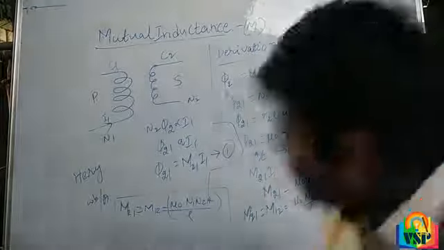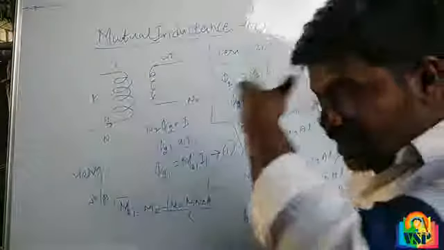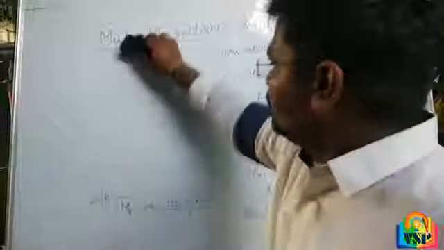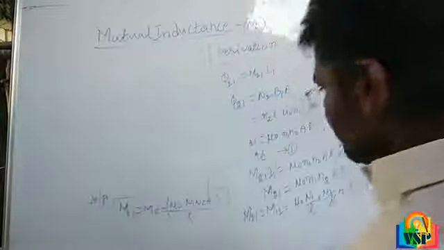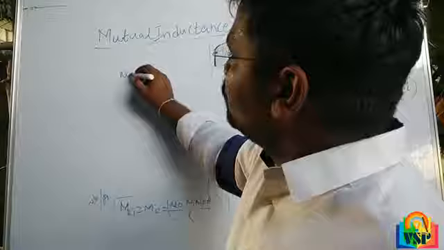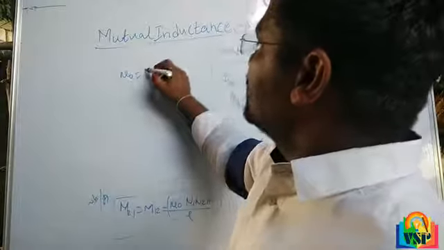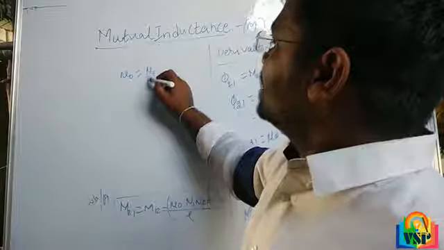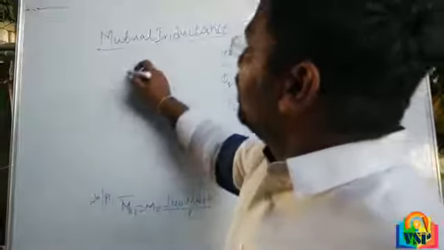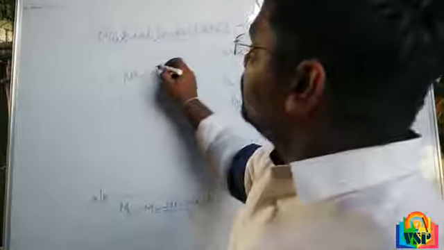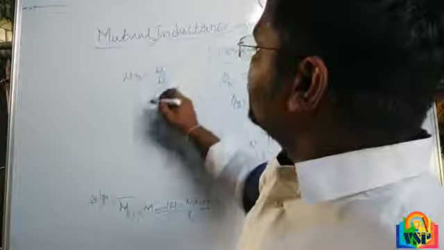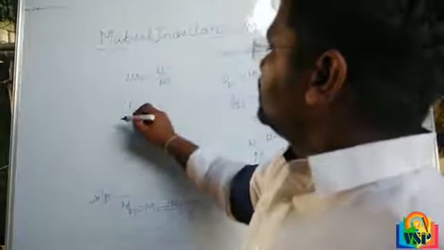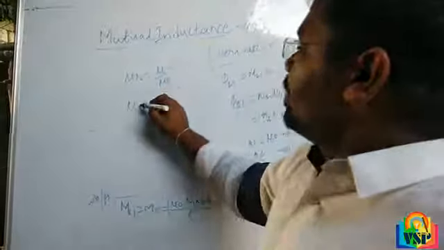Understand? If we take any medium, for any medium, relative permeability mu r is equal to mu by mu naught. Okay, any medium means permeability mu.